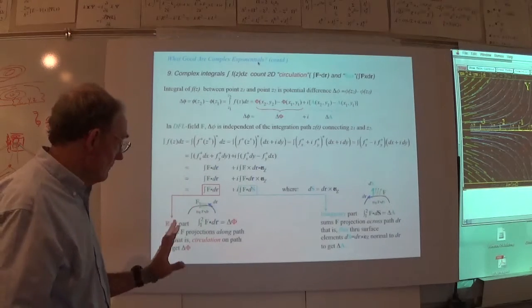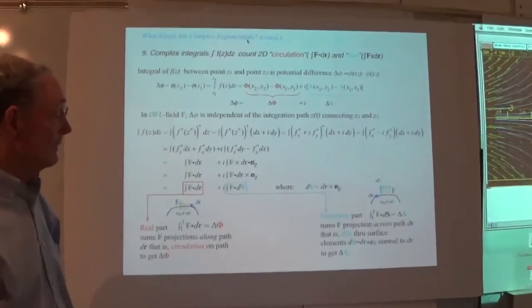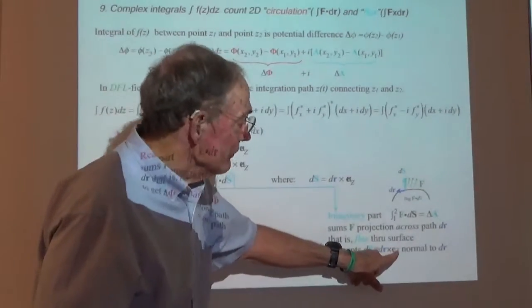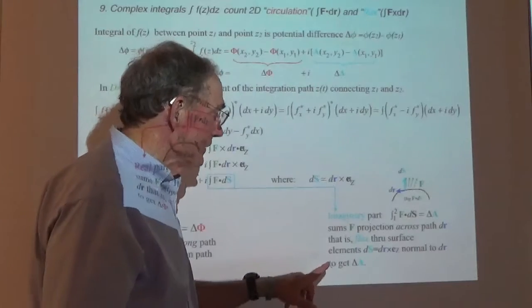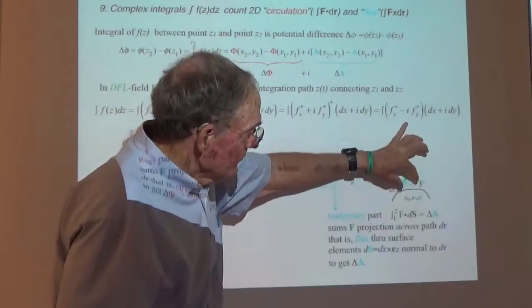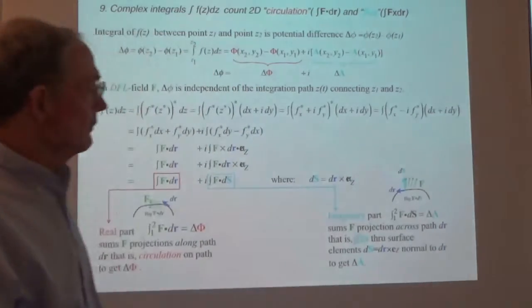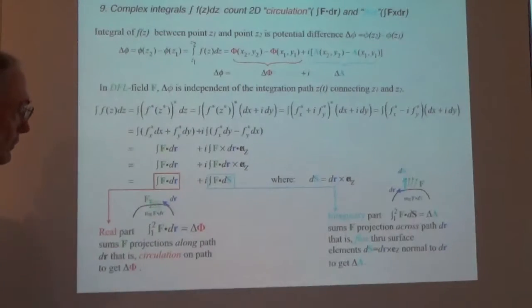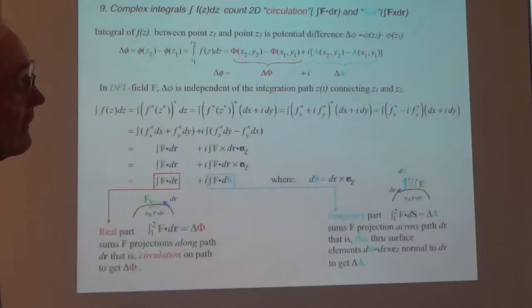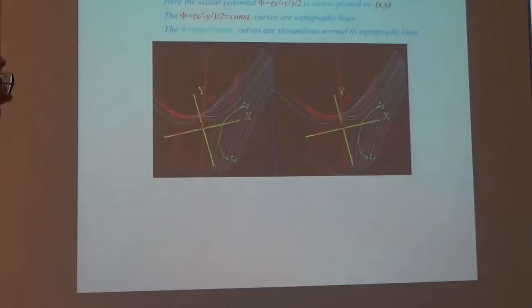And I think that is really cool, because to have that ds, which is dr cross e_z, normal to dr, makes a little area that you imagine coming out of the screen on top of that contour. A little unit fence, as it were, that the flux can go through and get counted. So that's the deal here.